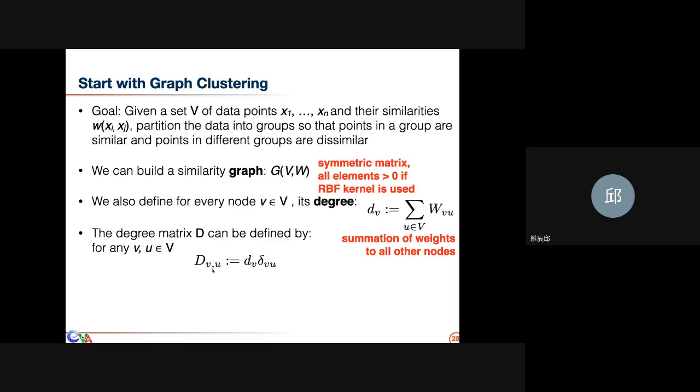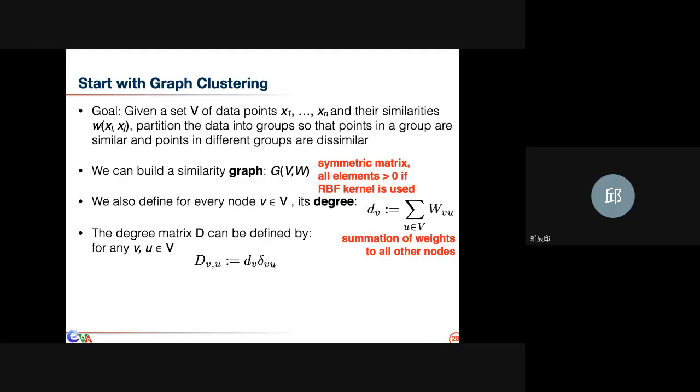The element at the VU location of this degree matrix is equal to d_V, the degree of the node V, times a delta function delta VU.